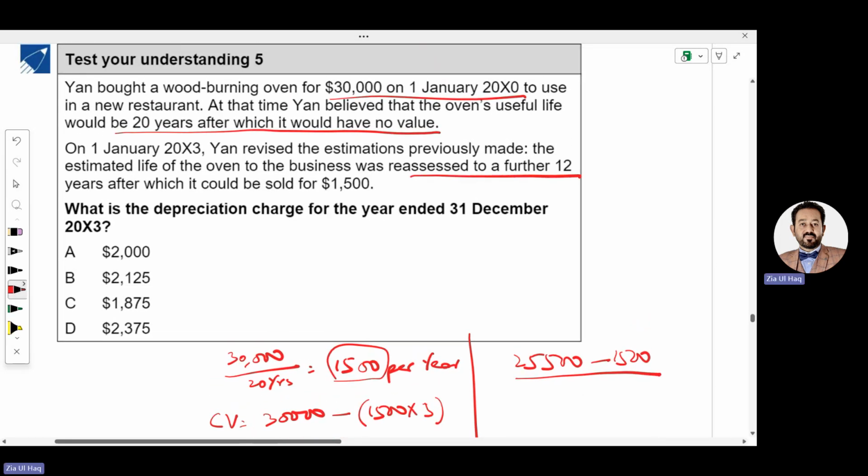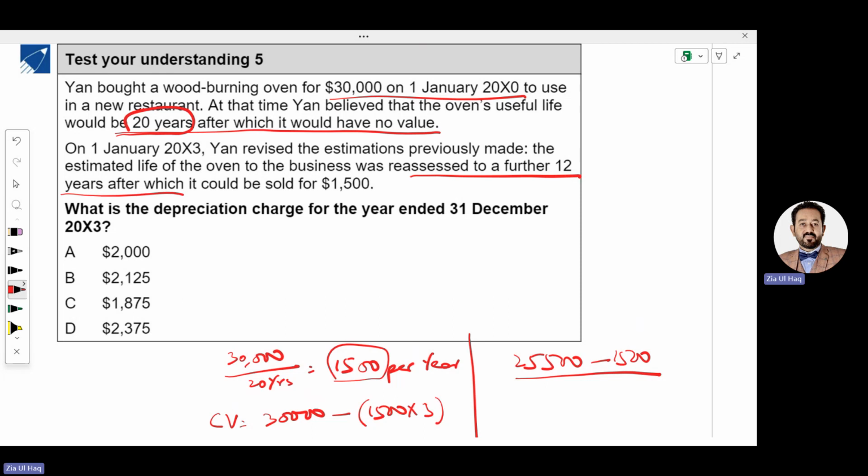Reassessed to a further 12 years. In 3 already used, further 12 more it can run. At first, when they bought, the useful life was 20 years. Now saying it can further run for 12 years.